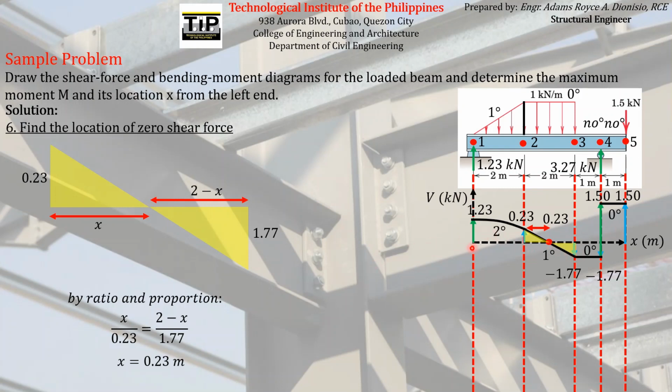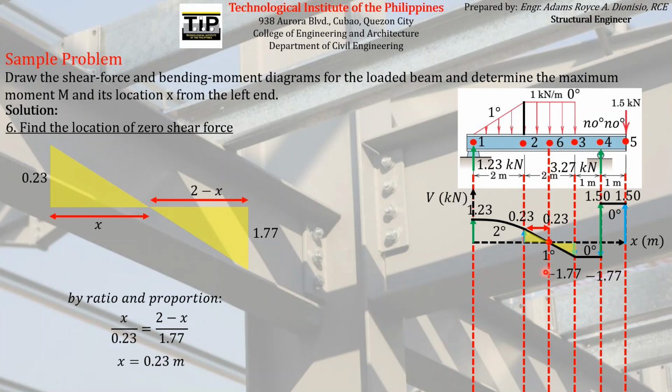And if you remember, what I said before on step number 2, the definition of critical points, I said that the location of zero shear is actually a critical point. So we will add another line here to designate the location of this particular critical point. I will just name that corresponding location of the beam as point number 6.